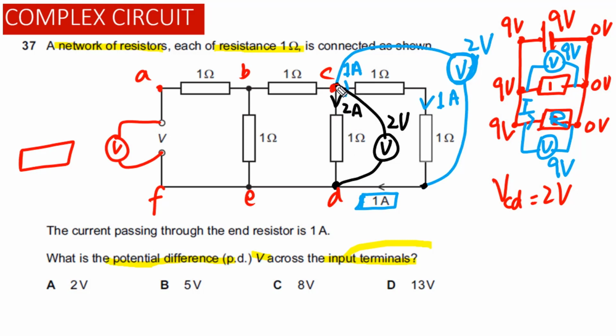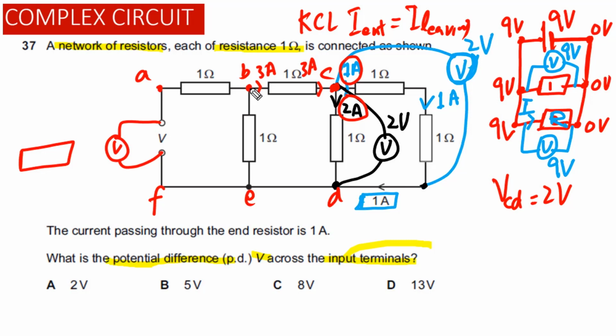How much current is entering into this junction? So according to KCL, we can simply say I entering has to be equal to I leaving. So current leaving is equal to 2 plus 1. So current entering is equal to 2 plus 1 is equal to 3 amps. So current at this point we can also say is equal to 3 amps.